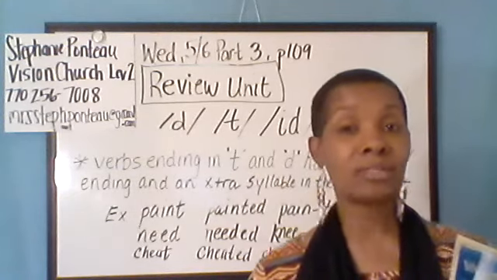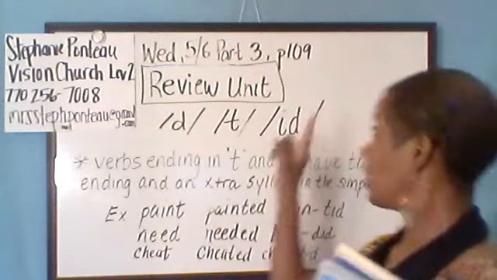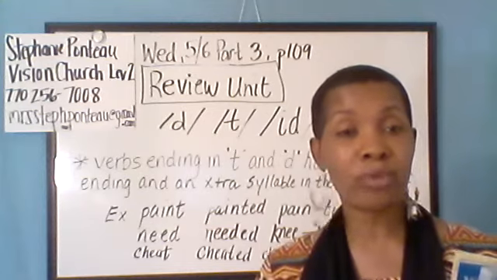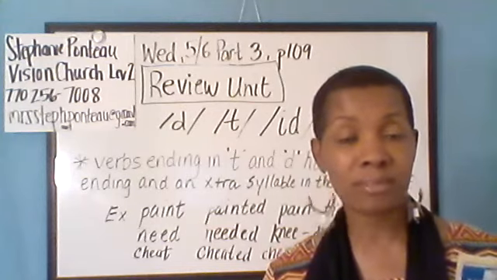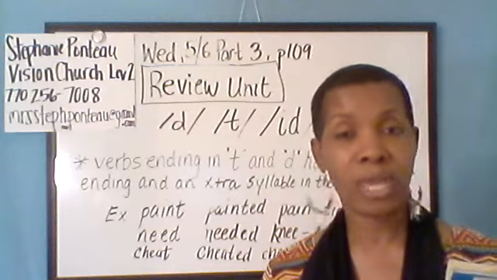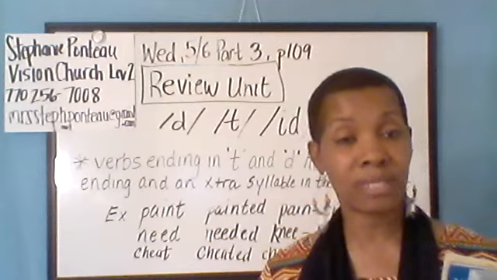And in this section, which is part 3, we are going to be on page 109 and we're going to finish up our review unit. We've been reviewing some of the concepts that we've learned in unit 7 and 8 in our student book. And this is the last part of reviewing some of the things that we covered.